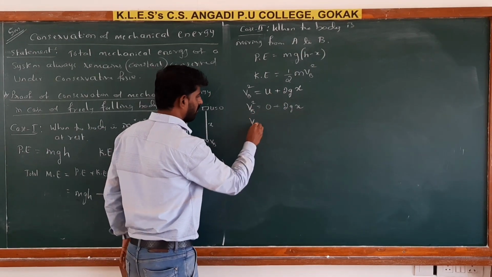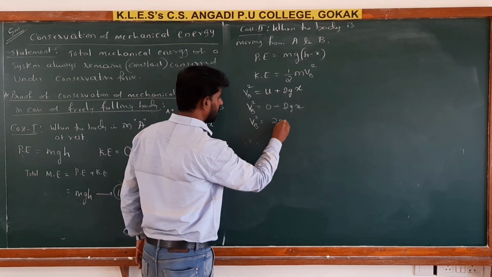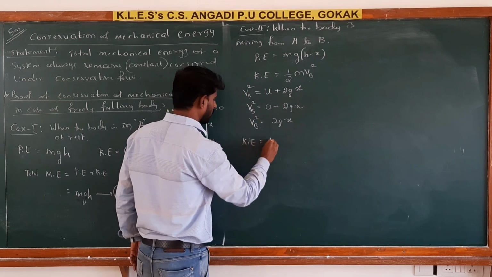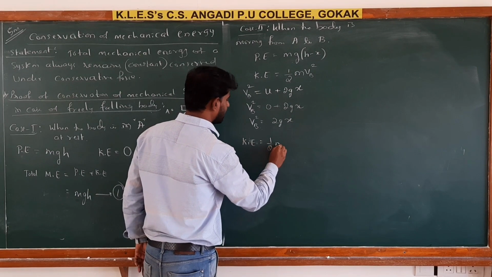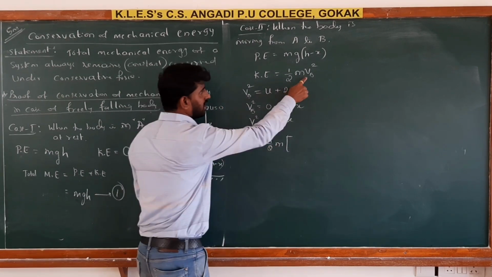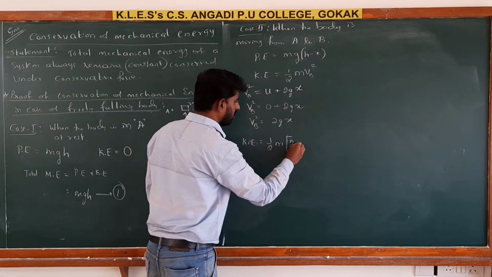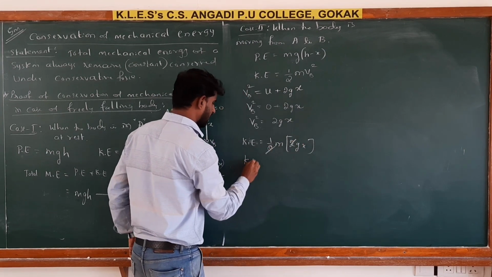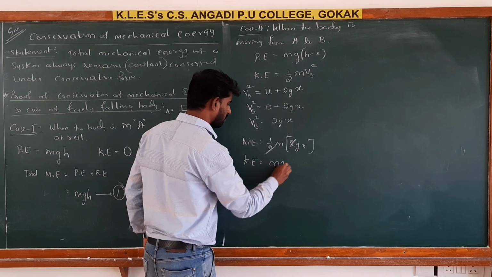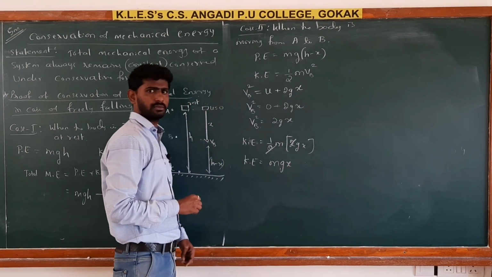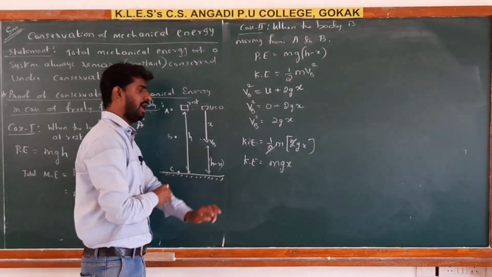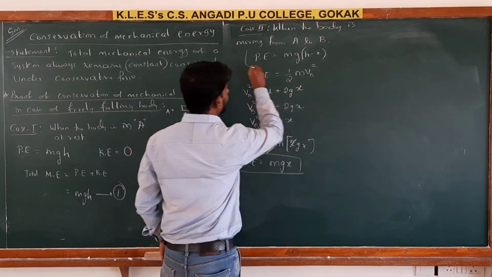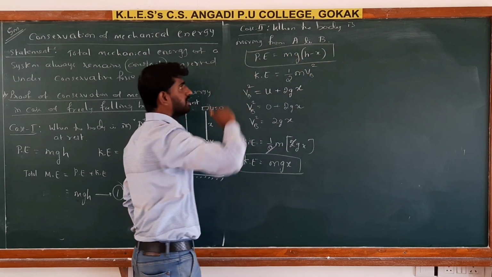So Vb square equals 2gx. So kinetic energy is equal to 1 by 2 m Vb square, and instead of Vb square I can write 2 into g into x. Now this 2 cancels, so the kinetic energy is equal to m into g into x, right? This is your kinetic energy, and the earlier one is your potential energy at the point B.